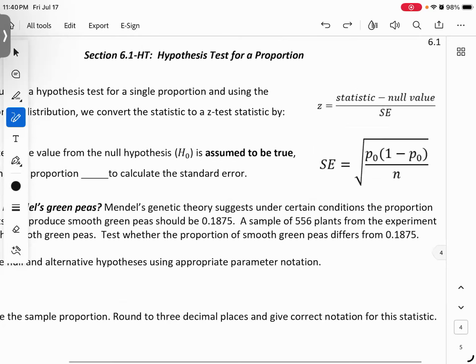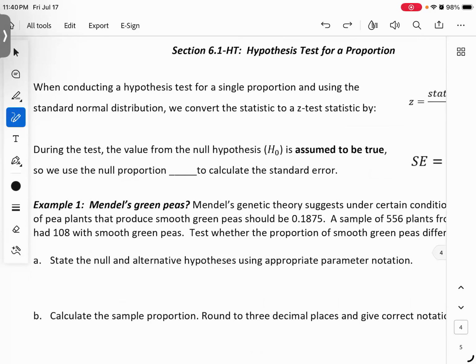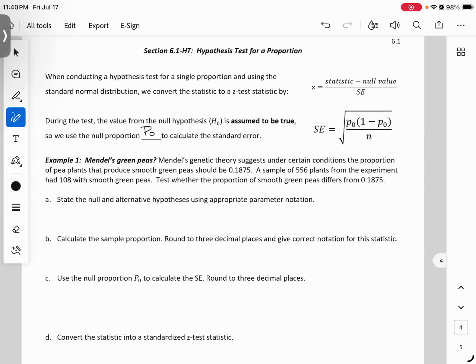Well, remember, in a hypothesis test we are trying to argue in favor of the alternative. This is the one we're trying to find evidence for. However, which of the two do we assume is true? Only for the sake of argument, in hopes that as we get further down in the test, we find something that contradicts it. That would be the null, the H0.